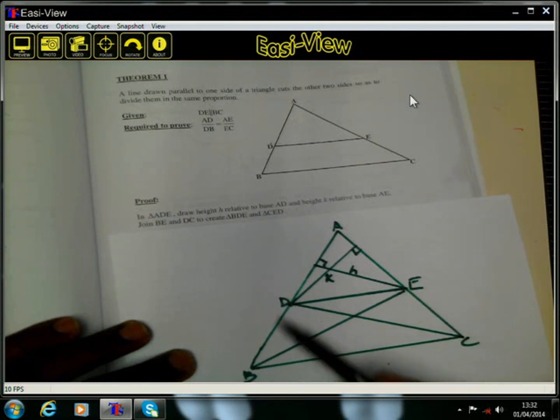BDE. I'm now having this triangle, and I'm now having triangle CED. Remember, at the beginning this is all we had. But now, due to constructions, we have additional triangles.